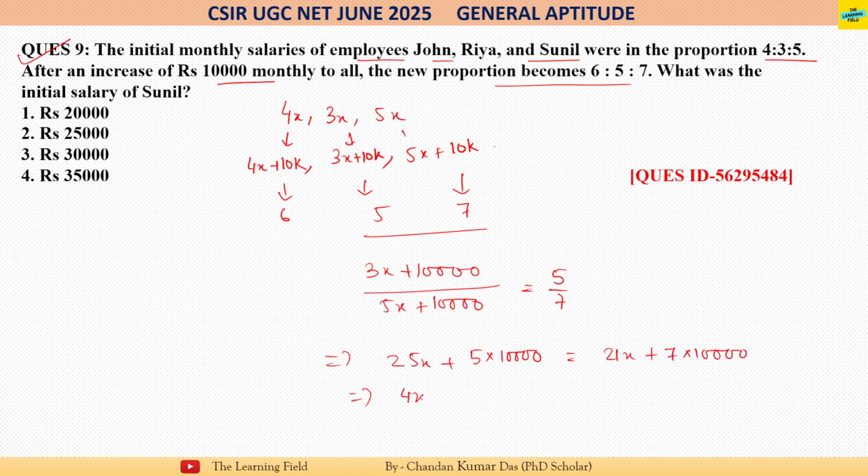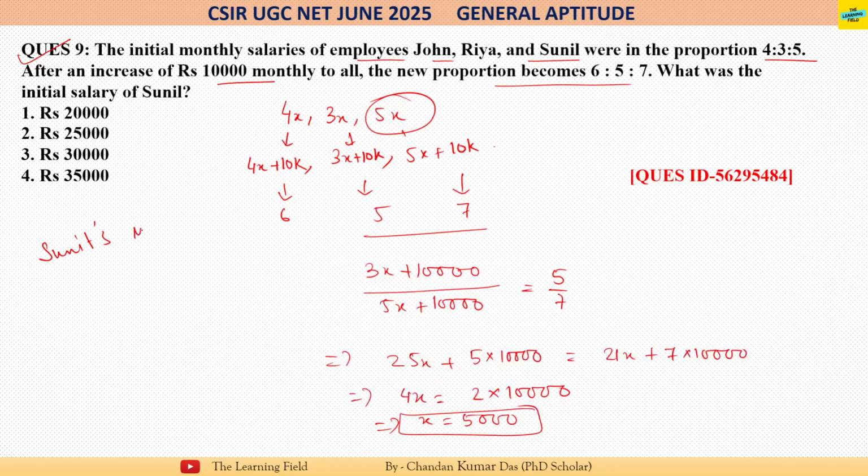That means 4x equal to 2 into 10,000, and this implies x equal to 5,000. That means Sunil's initial salary is equal to 5 into 5,000, which is equal to 25,000. Answer is option 2.